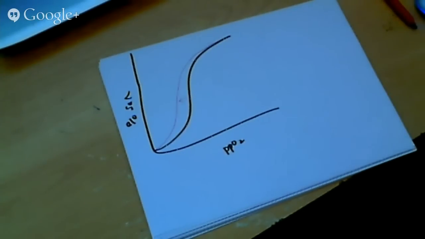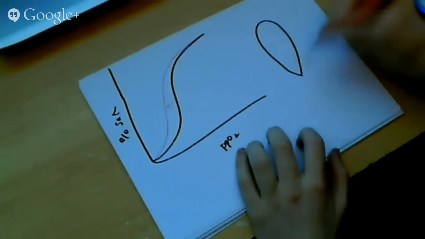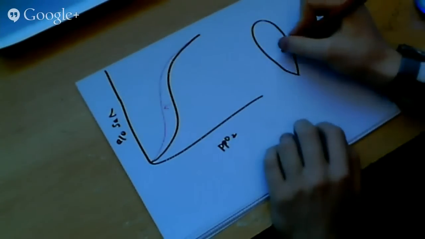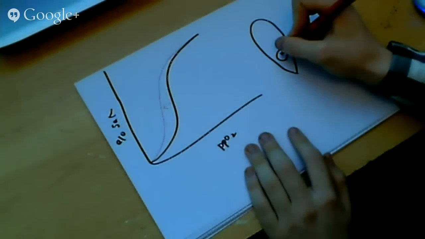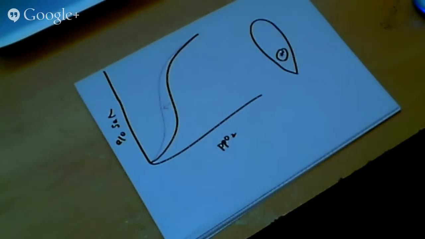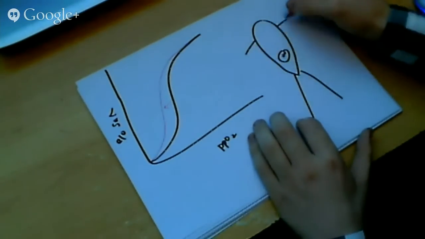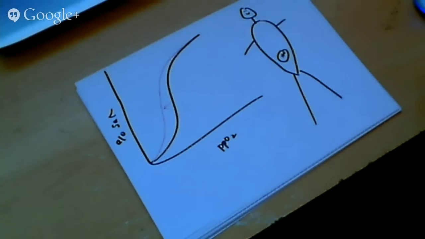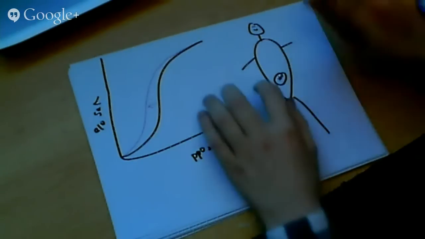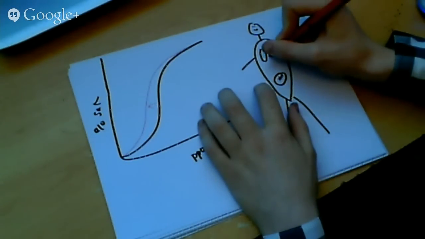It's because this is the body of a mother. That is the womb with a baby in it. Now, you have the lungs, and you have the heart.